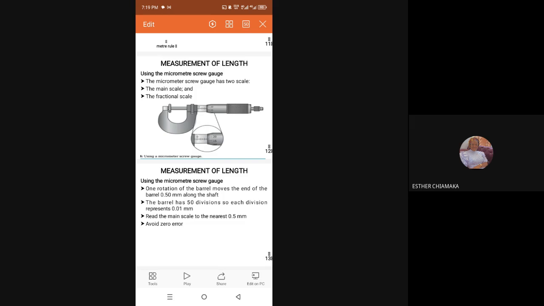Now, I'm starting with avoiding zero error. To avoid zero error, make sure that when you have not put anything on the micrometer to measure, the main scale and the circular scale are overlapping. For example, if you want to measure current and you have not placed anything on the ammeter and the ammeter is already reading 0.1 or 0.2 or 0.3, that is zero error.